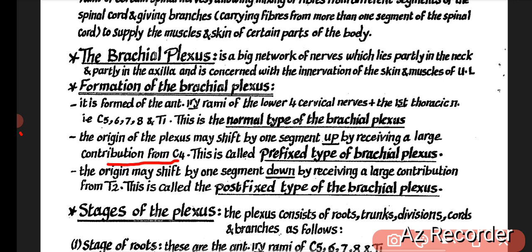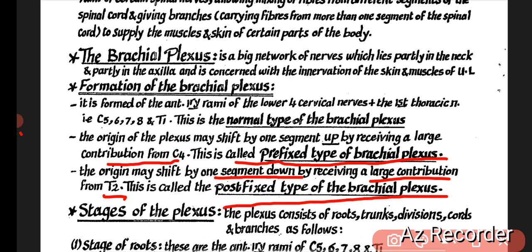This is called the prefix type of brachial plexus. Similarly, the origin may shift one segment down by receiving a large contribution from the T2 segment. That is called the postfix brachial plexus.